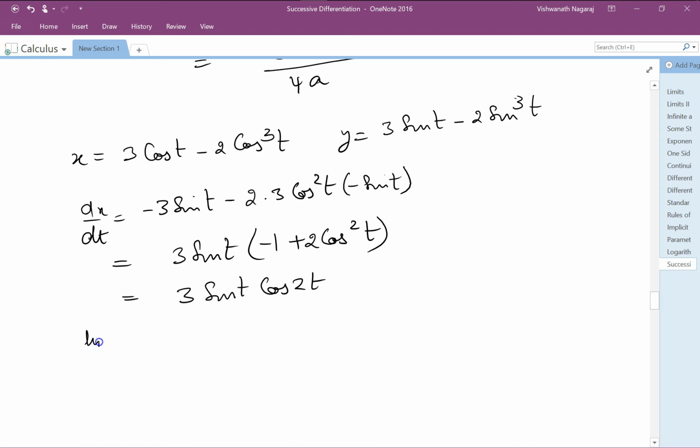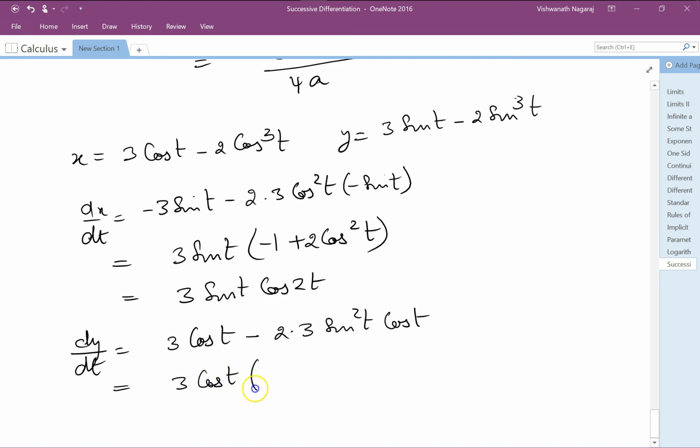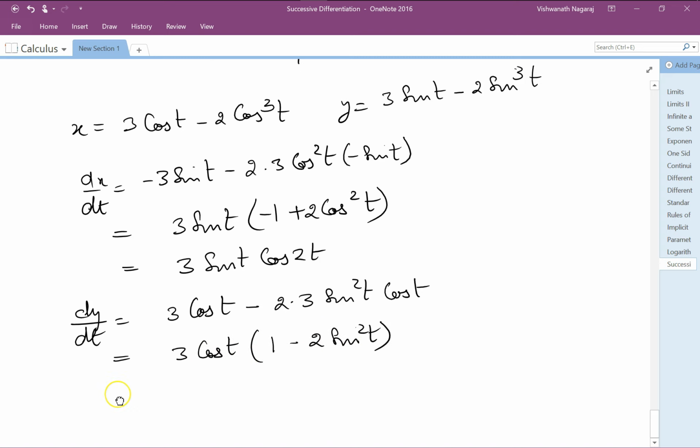Now let's look at dy by dt. Now this will give us 3 cos t minus 2 times 3 sin square t, and the derivative of sin t is cos t. So here 3 cos t is common, so 1 minus 2 sin square t. Okay, and this is equal to what? cos t, and this side is also equal to cos 2t.